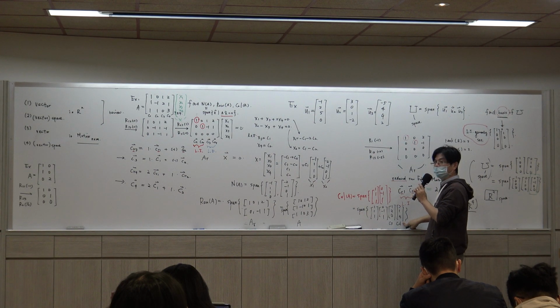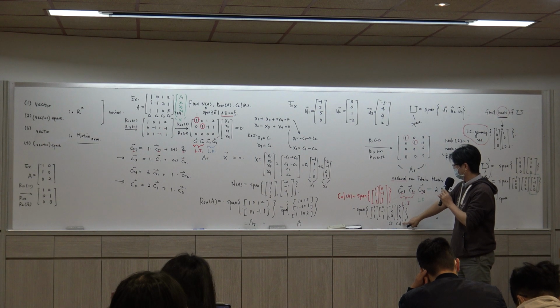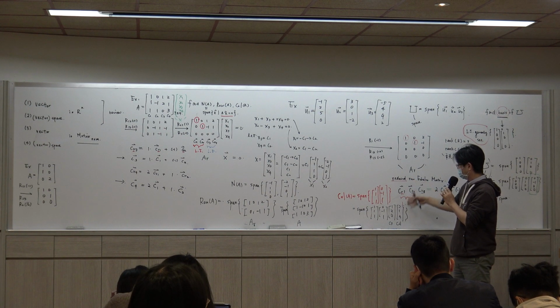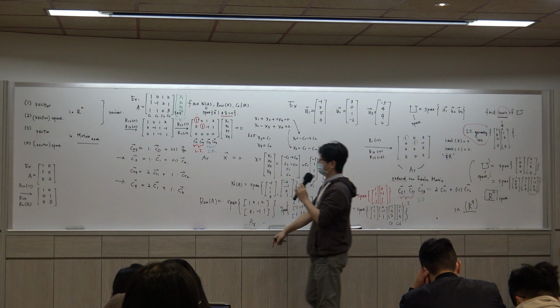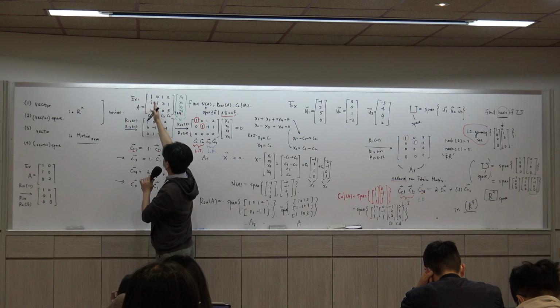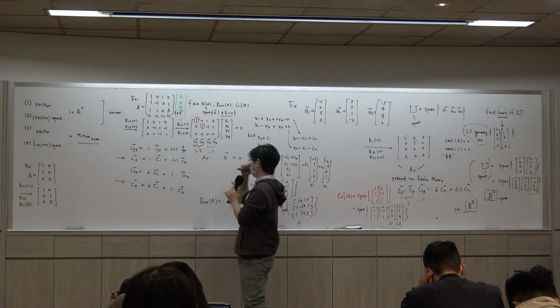And C4, the color vector of the fourth column, is a linear combination of C1 and C2. Right?